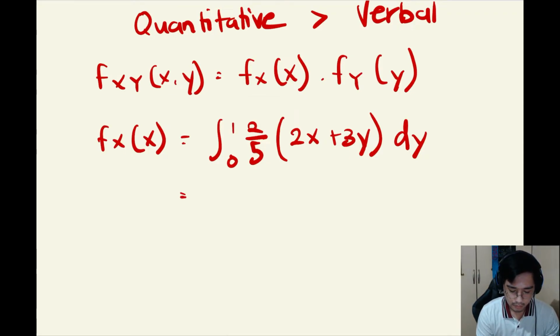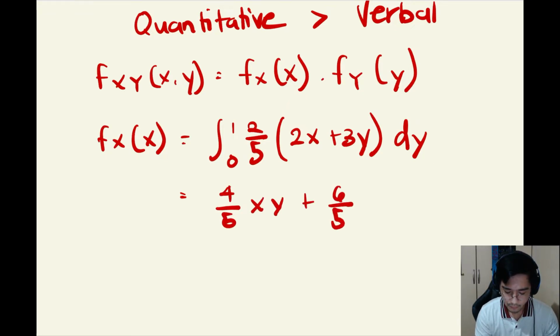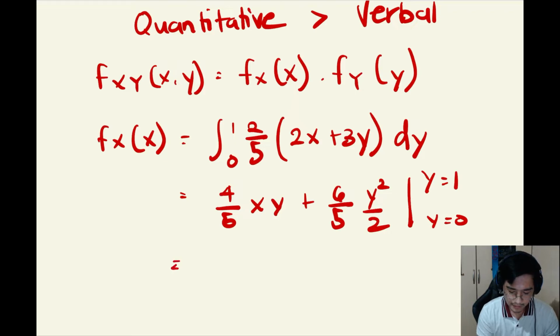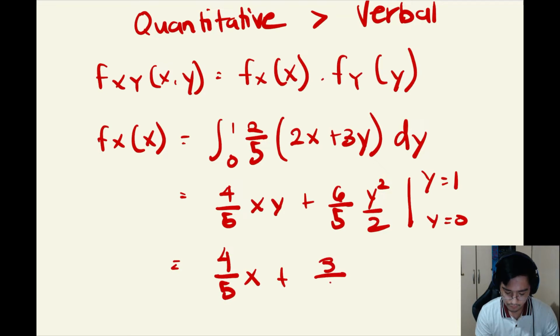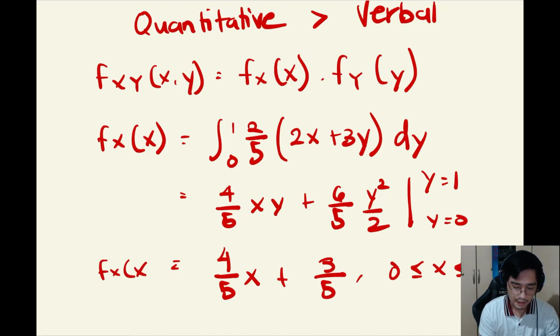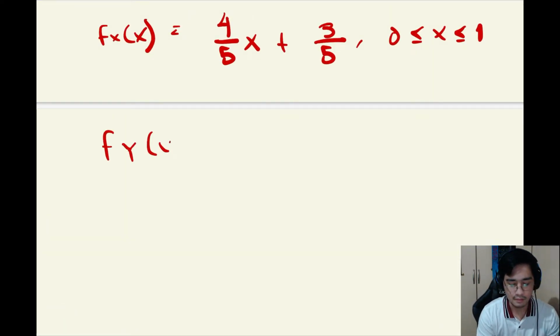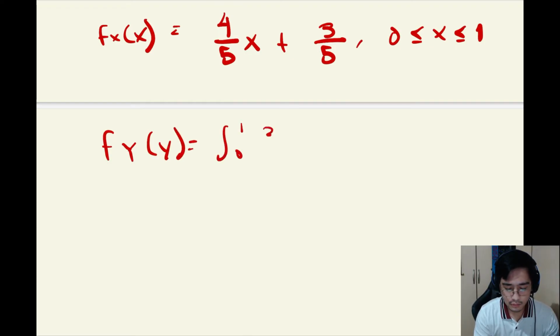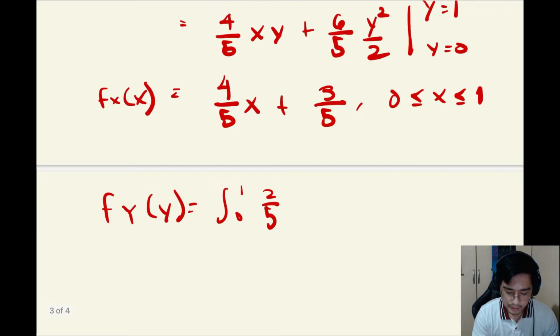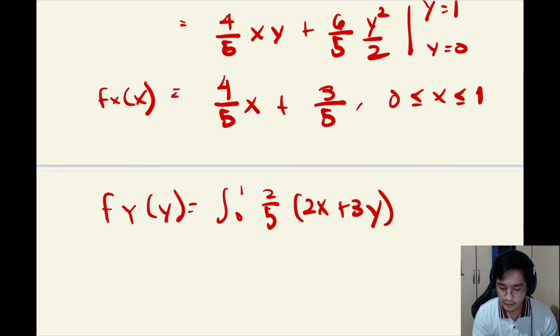So we obtain 4 over 5 xy plus 6 over 5 y squared over 2, from y is 0 to y is 1. We obtain 4 over 5 x plus 3 over 5, for x from 0 to 1. This is our marginal PDF of x. The marginal PDF of y is as follows: the integral from 0 to 1 of 2 over 5 times (2x plus 3y) integrated over x.